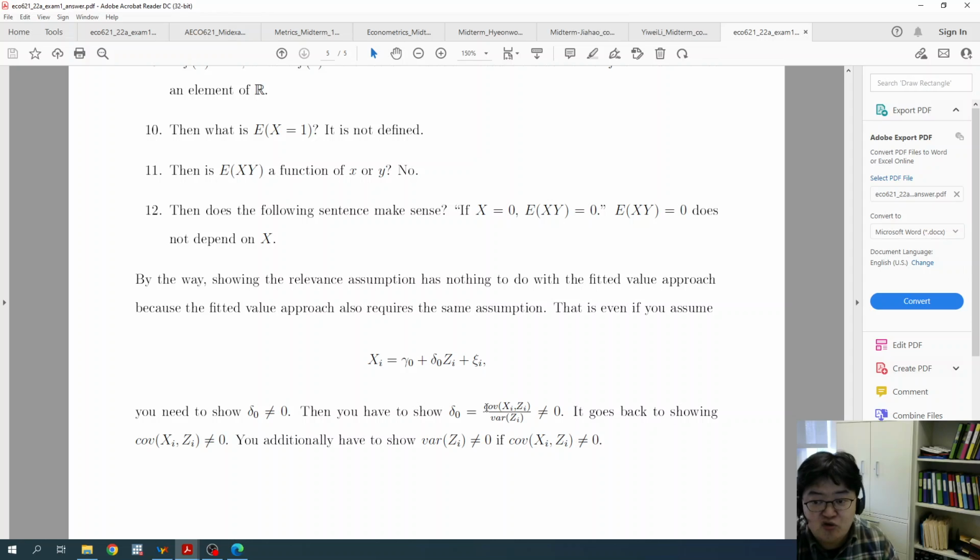You have to show that the numerator is not 0 and the denominator is not 0. And in the end, the denominator is not 0 just when the numerator is not 0. So in the end, it does not do anything. The functional form, the regression equation, does not do anything in this proof.